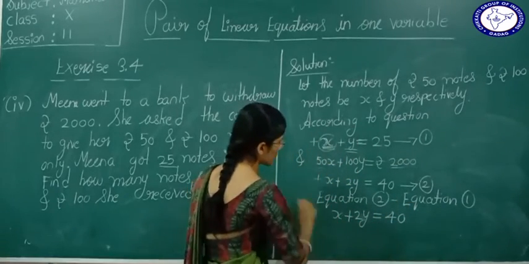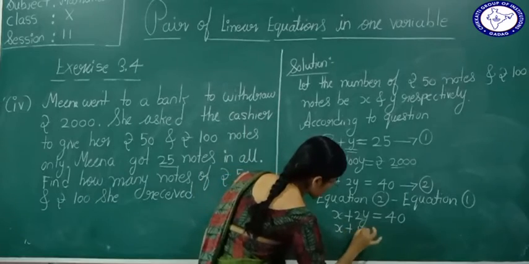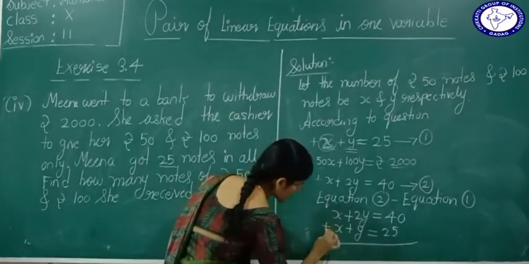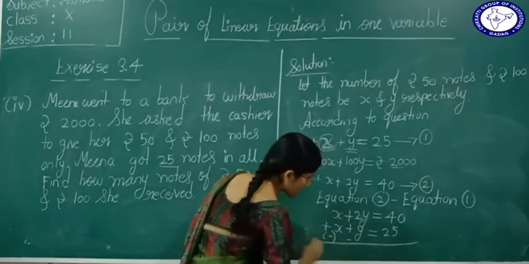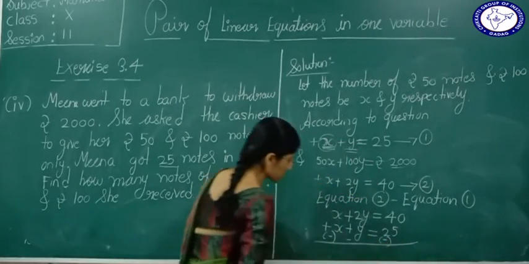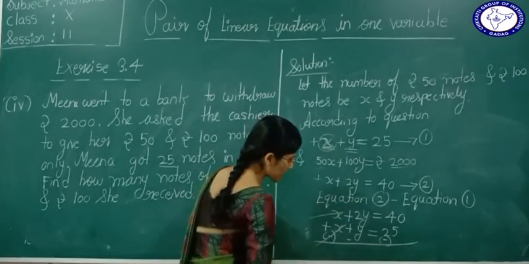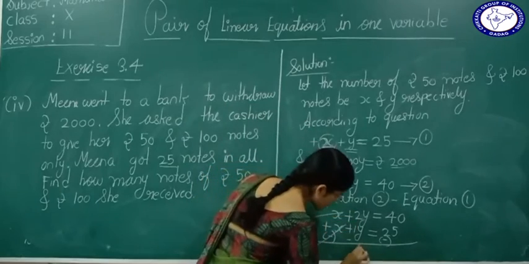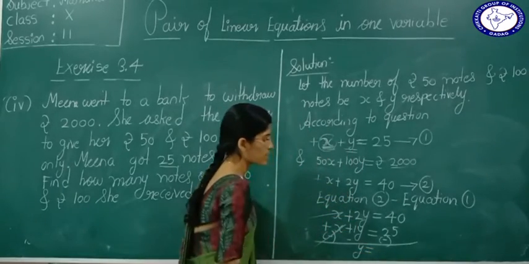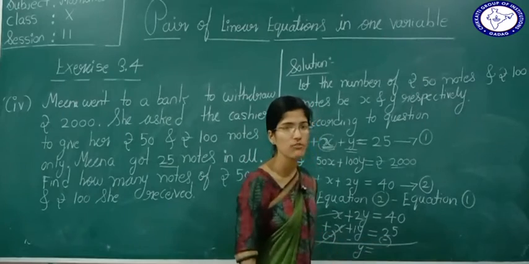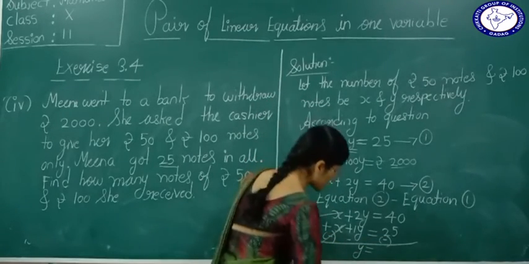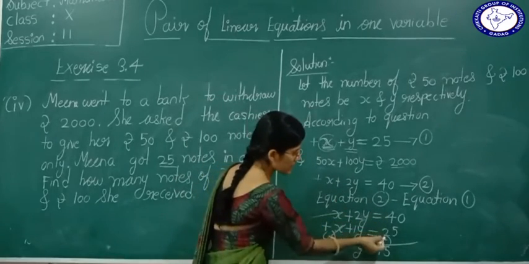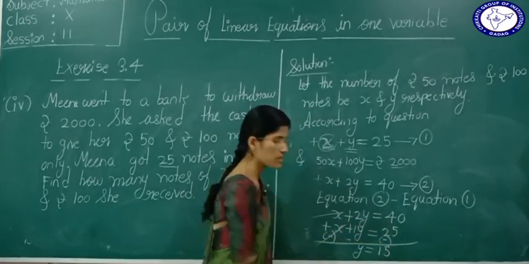Equation 1 is x plus y is equal to 25. Plus x minus x will get cancelled. 2y minus y is y. What is 40 minus 25? 40 minus 25 is 15.